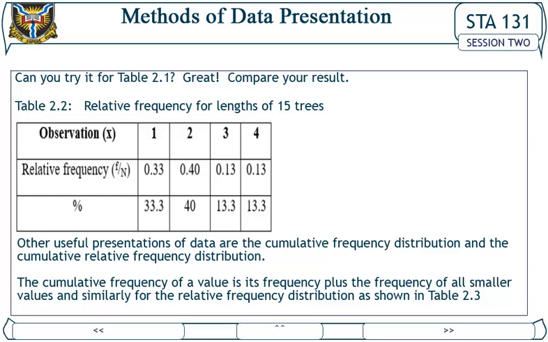Other useful presentations of data are the cumulative frequency distribution and the cumulative relative frequency distribution. The cumulative frequency of a value is its frequency plus the frequency of all smaller values, and similarly for the relative frequency distribution as shown in Table 2.3.